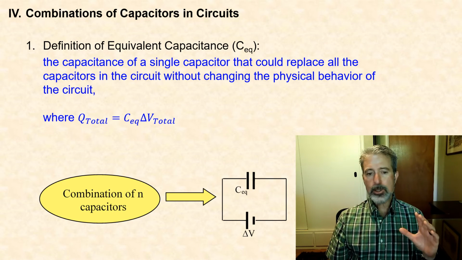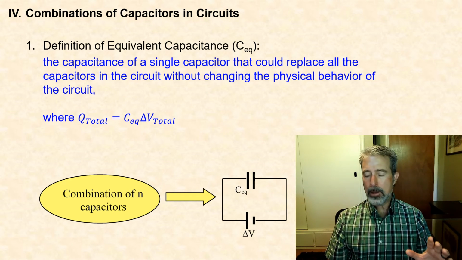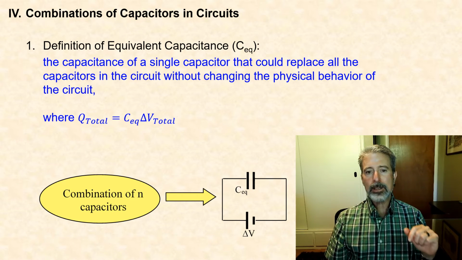So like I say, this is an analytical technique. We are doing something imaginary or fictitious here, but it happens to be quite useful in being able to analyze a circuit. So we'll see how this is employed in the next couple of slides.